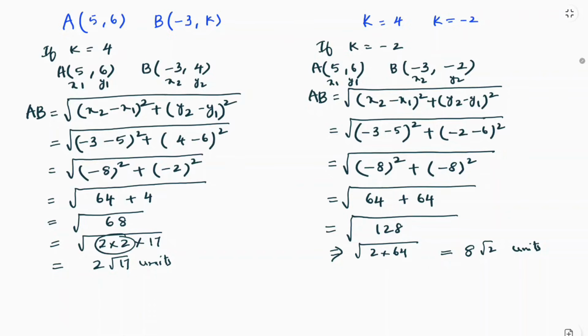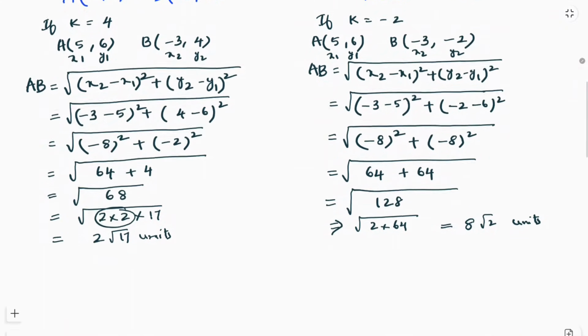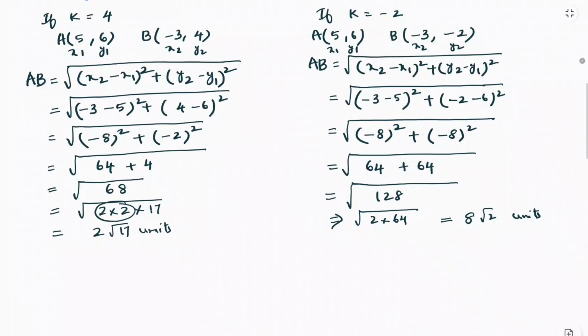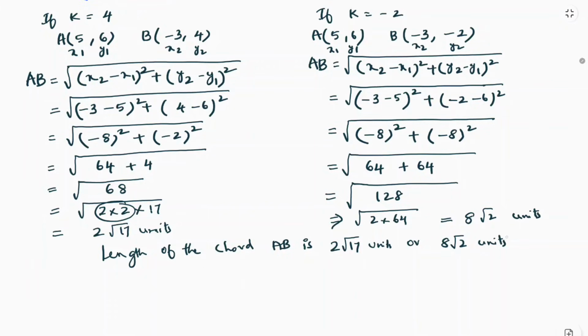So there are two positions on the circle. If k is minus 2, the length of the chord is 8 root 2. If k is 4, the length of the chord is 2 root 17. So here I can write the length of the chord AB is 2 root 17 units or 8 root 2 units.